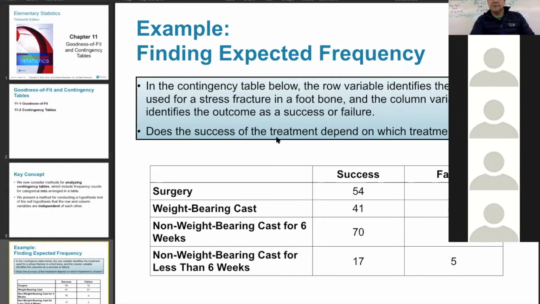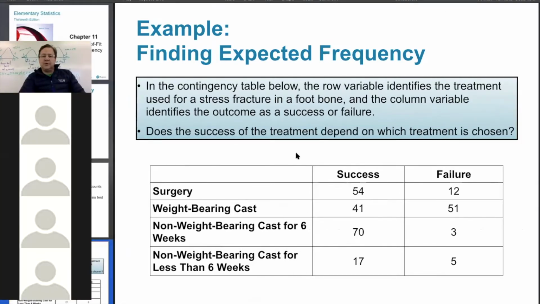So if I pause right now, what do you think? Just going with your gut. We'll do this with statistics, but just going with your gut: does success or failure depend on which procedure is used?